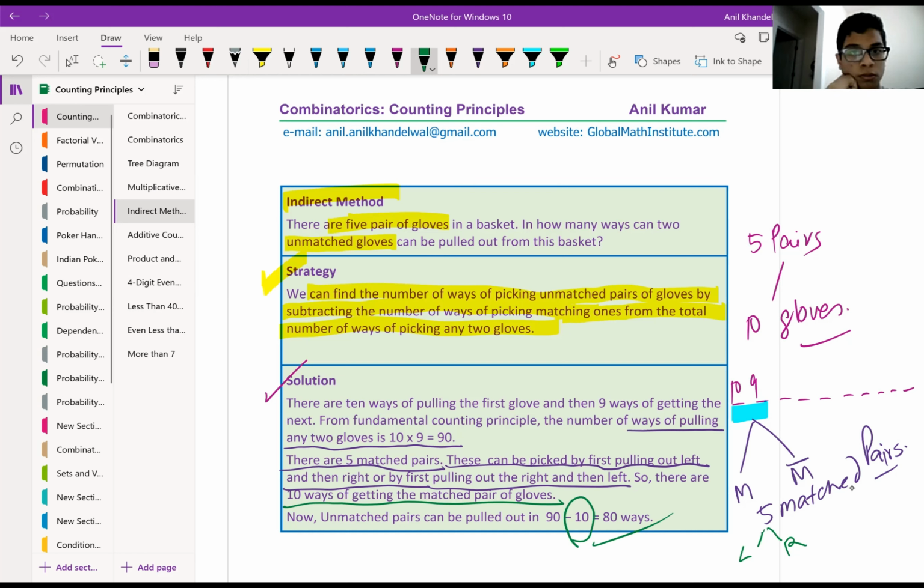As you can see in this particular example, it was easier to figure out the number of ways for picking the matched pairs out of those which are available to you. And then subtracting from the total number of options, we get the unmatched. That is what we call the indirect method of counting. Is it okay?